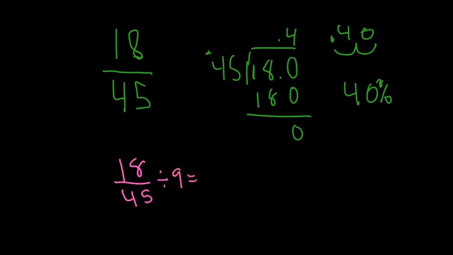So 18 divided by 9 is 2, and 45 divided by 9 is 5. So we get 2/5 as our reduced fraction. So we can take that 2/5 and make it tenths by multiplying by 2. So we get 4/10.